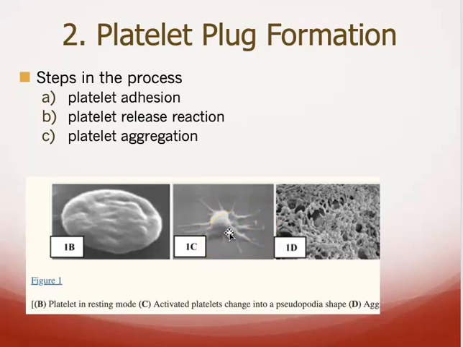By extending these appendages, it can grab onto other platelets, as you can see in 1D, and aggregate, right? You can imagine if you just stack a whole bunch of pancake-shaped things, they're not going to really stick well together, but when they change shape to have these appendages that can hold on to one another, kind of more like an octopus, they can really clump and form that plug.